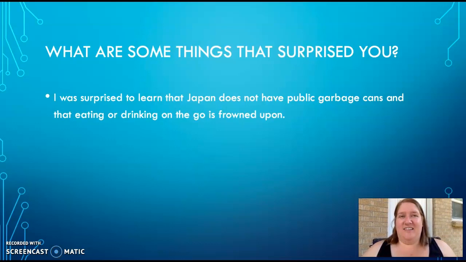And even then, the garbage can system is very different than it is here in America. They have multiple different garbage cans in one area to throw, whether it's paper or plastic or food. They just have different trash cans for each thing. So there's like 4 or 5 different categories for trash instead of just one singular trash can.